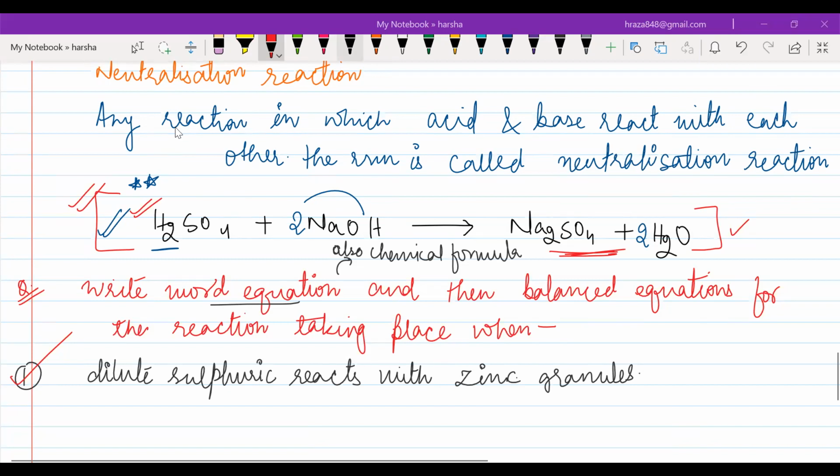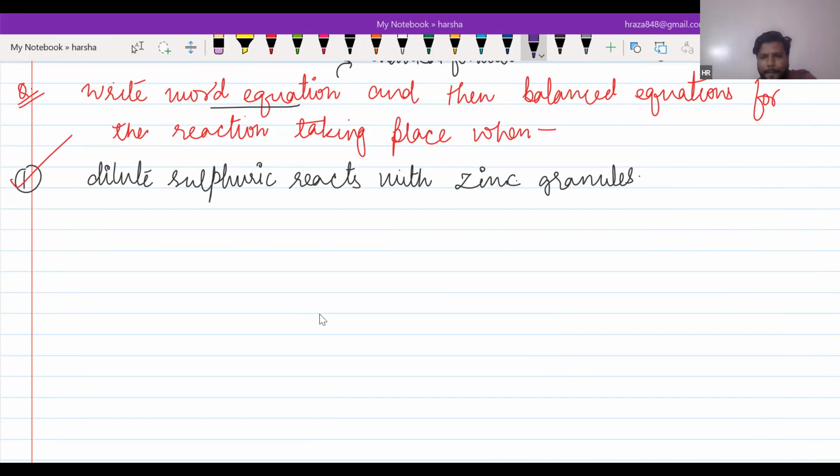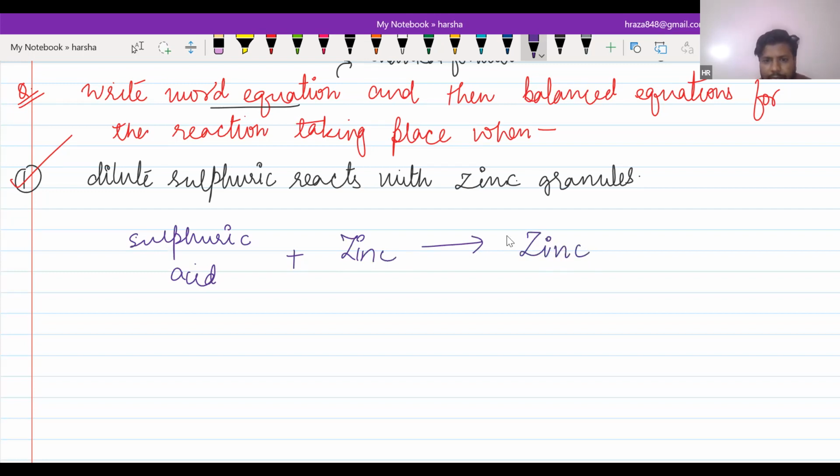Sir, zinc will react with dilute sulfuric acid to form zinc chloride and hydrogen gas, right? Zinc chloride and hydrogen gas. So basically sulfuric acid, you are going to write it like this: sulfuric acid plus zinc will give zinc chloride.